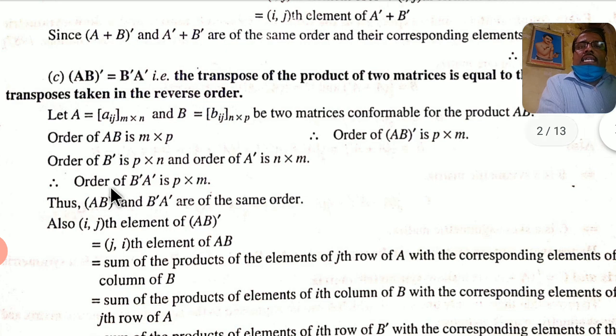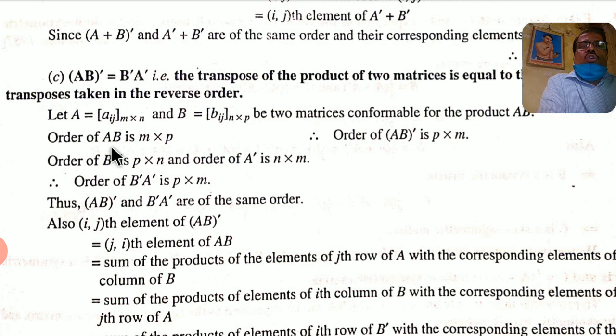Again here, let A equal Aij be a matrix of order m cross n, and B equal Bij be a matrix of order n cross p. These two matrices are conformable for the product, meaning we can multiply them.